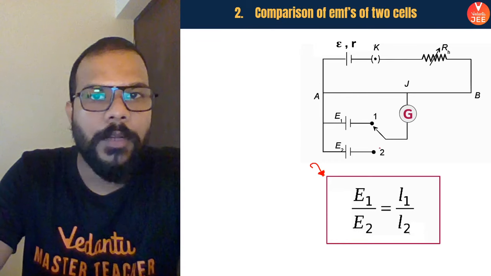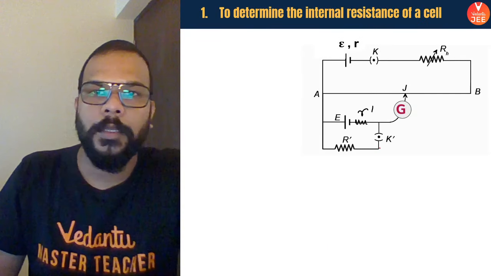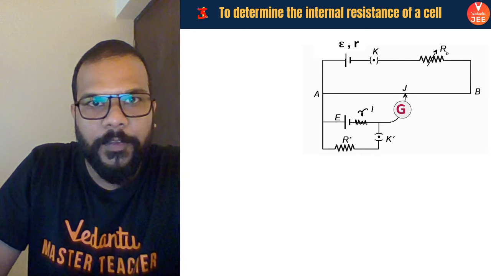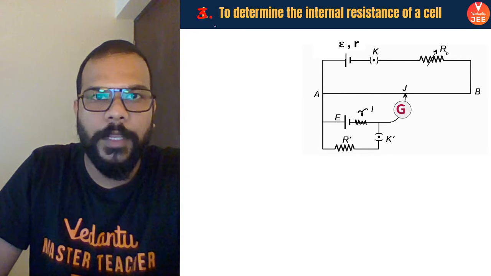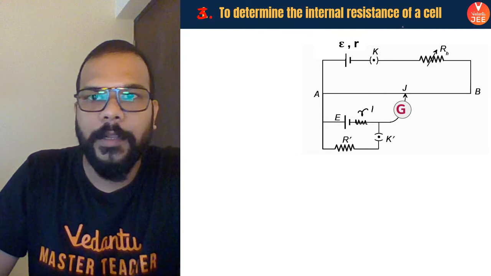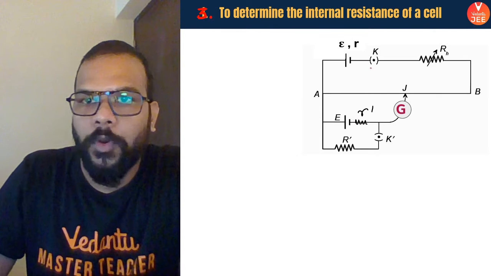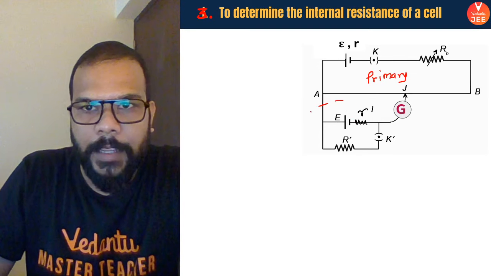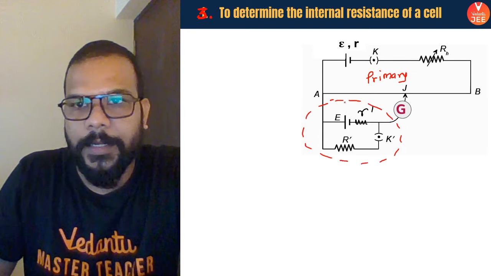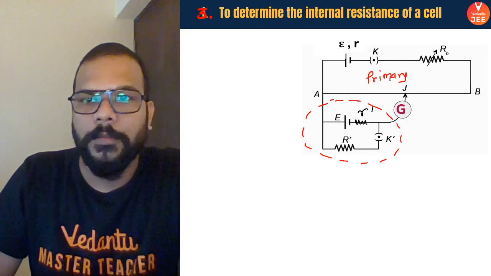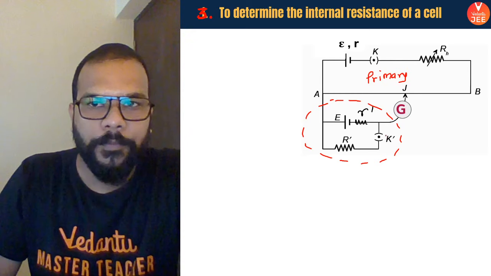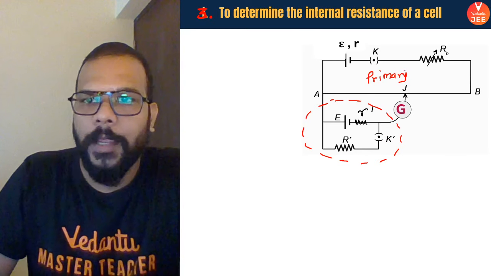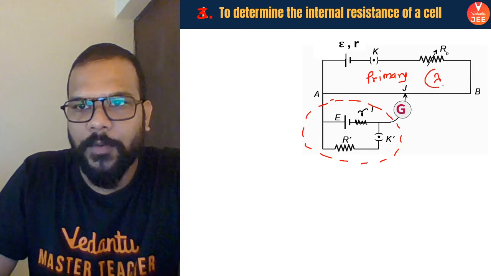Okay, now comes the application which I consider is the most challenging one, the third one. This is the third application for us from the potentiometer: to determine the internal resistance of a cell. So you remember that this is your primary circuit, and this entire part is your secondary circuit, right? So in the secondary circuit, initially the key K dash is open, and in the primary circuit we already know the value of lambda.